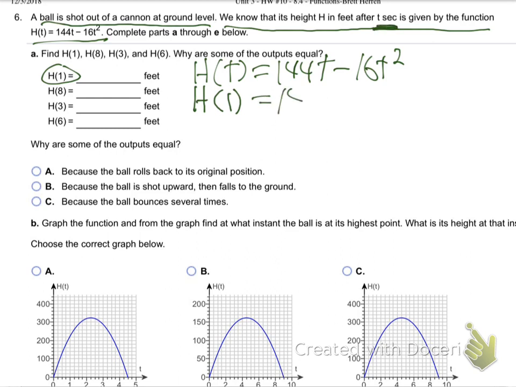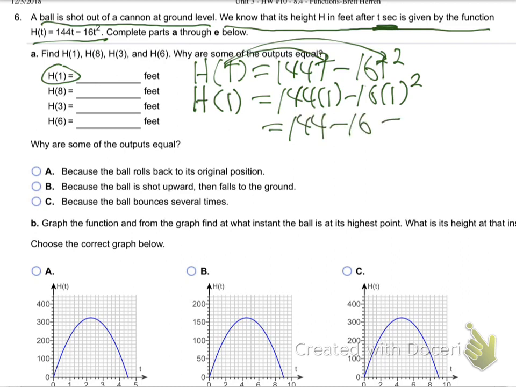Anyway, plug in 1 for t. It goes there and there. So you plug in 1 in both slots. Minus 16. I think that's 128. So the cannonball is at a height of 128 feet after 1 second.